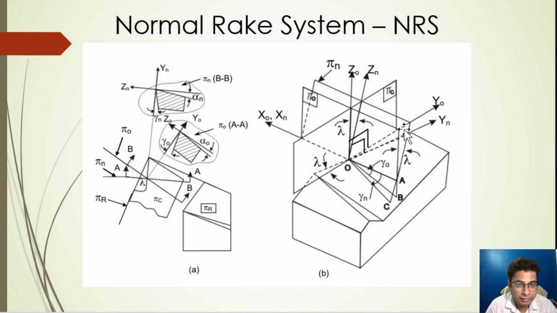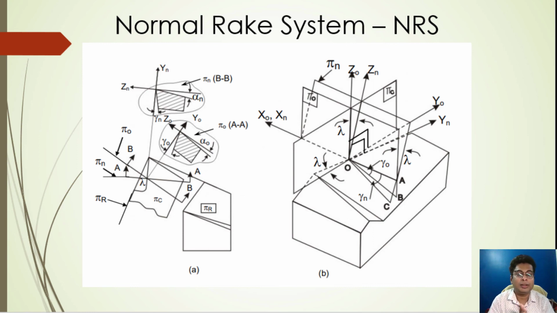The plane over this is your pi n. The orthogonal plane is simply normal to pi r and pi c, irrespective of the inclination of the cutting edges, lambda. But pi n in normal rake system is always normal to the cutting edge.